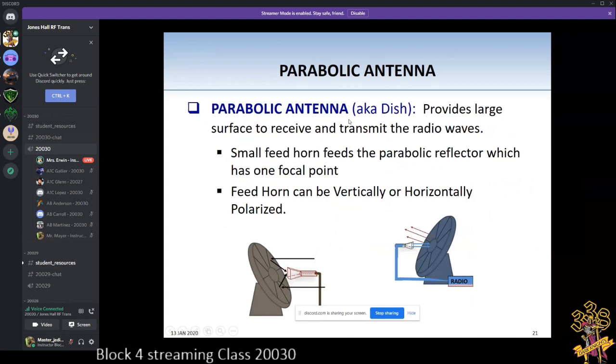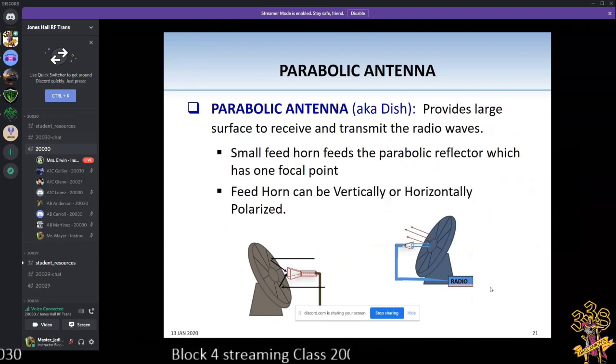Parabolic antenna, also called a dish, because it looks like a dish. Now, the parabolic itself is a parabolic reflector. It just provides a large surface area for your radio waves to bounce off of or be collected by. Its feed device is going to be a small feed horn.